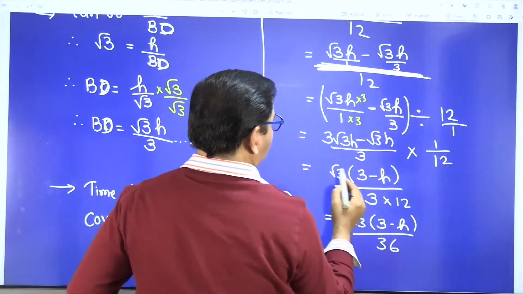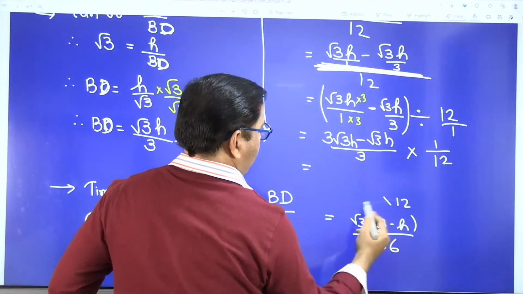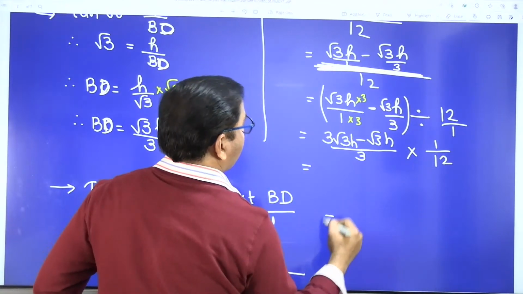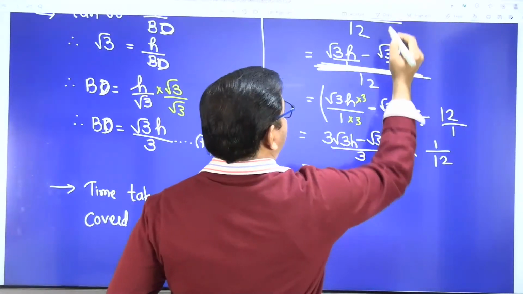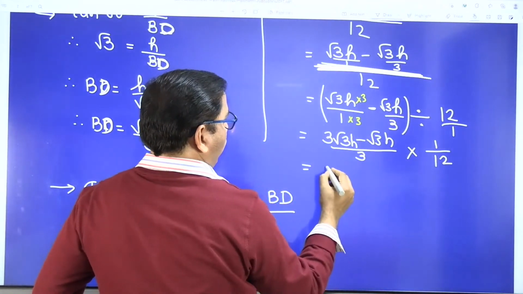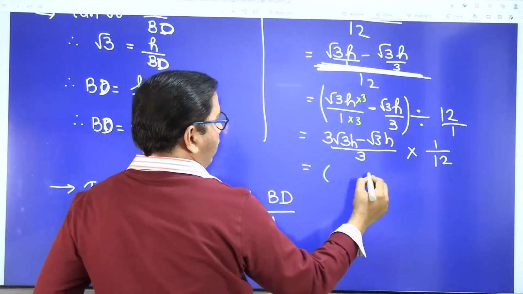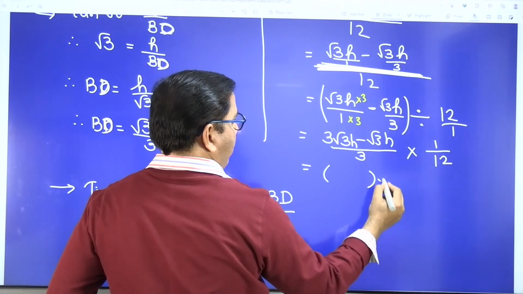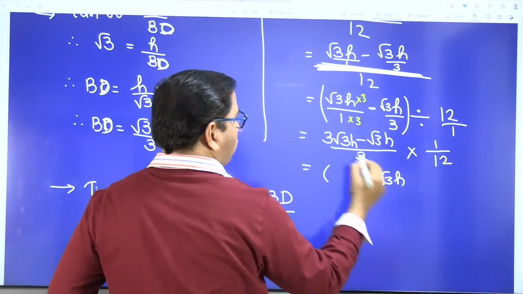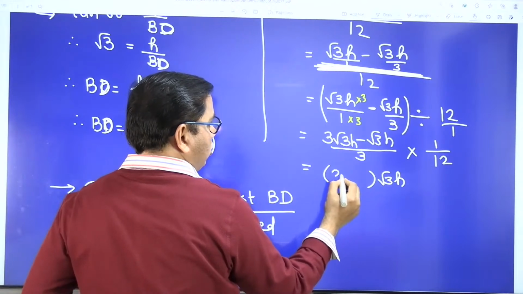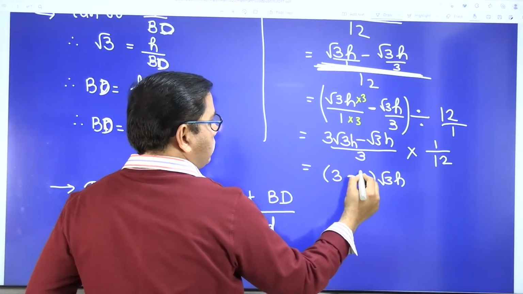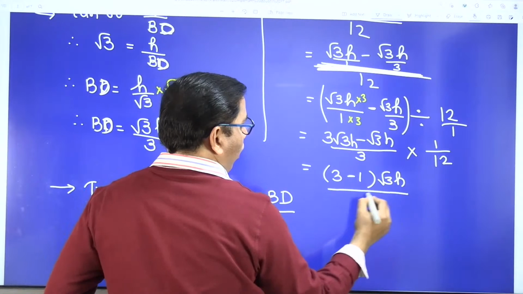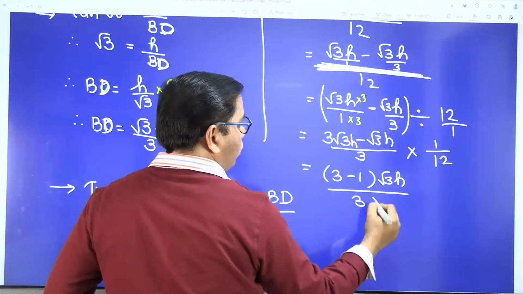So if I take root 3h as common, I am left here with 3 minus 1 upon 3 into 12.